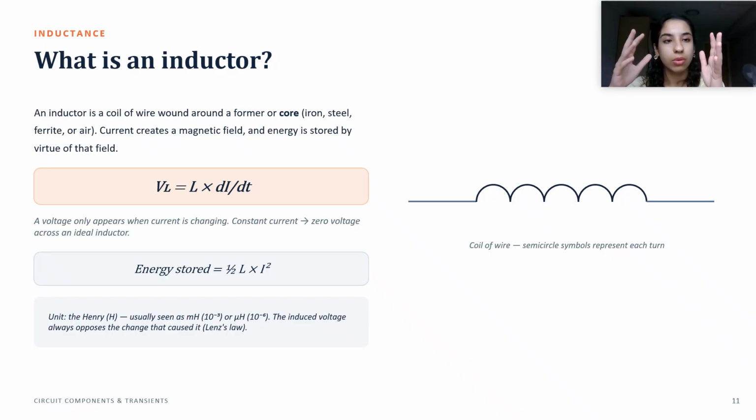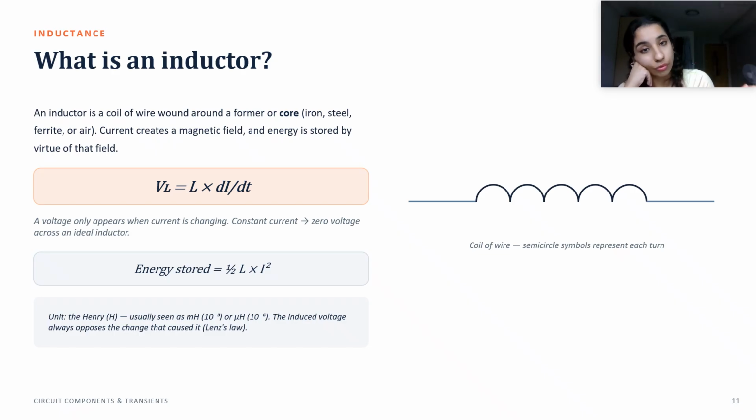And so if you want to find the voltage across the inductor, we do L times the change in current over time. L is the inductance, okay? And the energy stored is similar to the capacitor: half times the inductance times current squared.